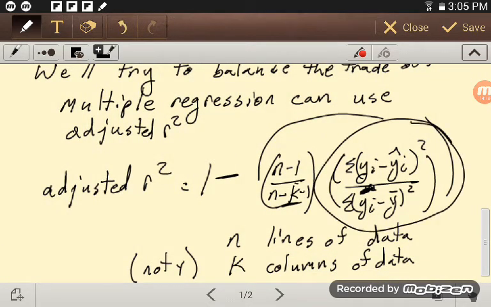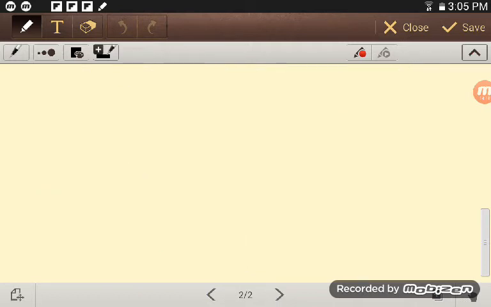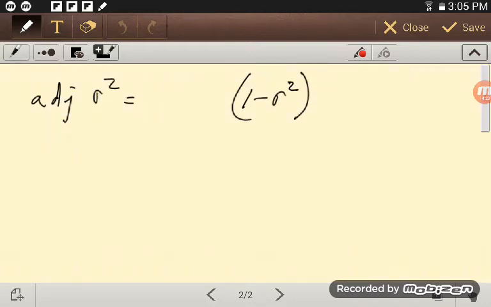That's 1 minus R squared, and I multiply that by the n minus 1 over n minus k minus 1, and then I take 1 minus that whole thing to get the adjusted R squared.